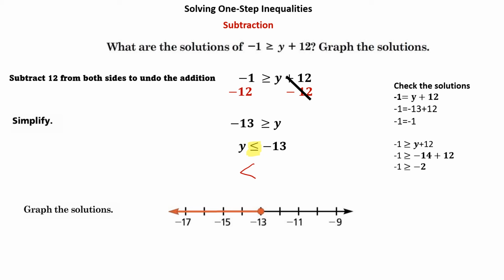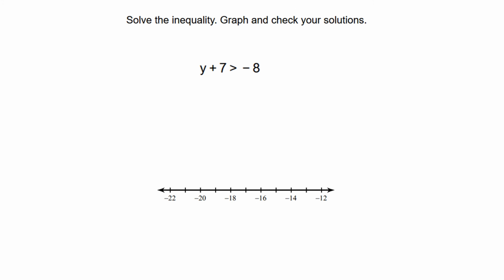Let's look at one last inequality here. We have y plus 7 is greater than negative 8. To isolate that y, we're going to subtract the 7 on both sides to undo the addition. The 7's cancel out. You're left with y is greater than negative 15. Remember, negative and negative makes an even more negative number.